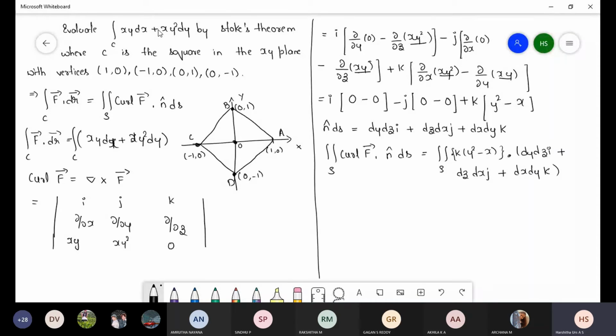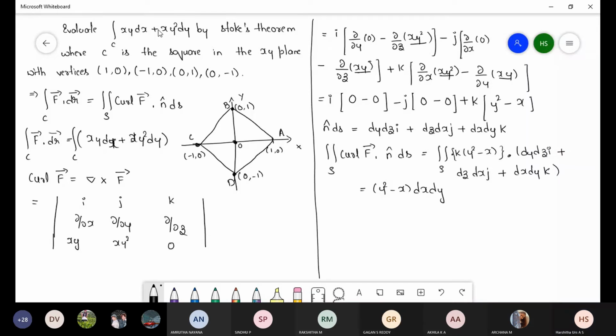Now k dot i is 0, k dot j is 0, k dot k is 1. So we get y square minus x into dx into dy.